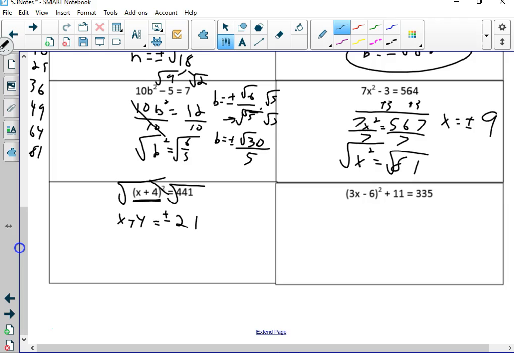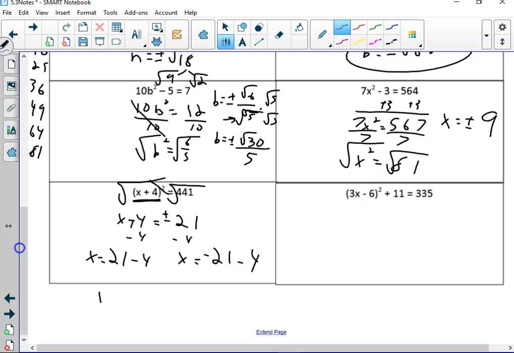Okay? So, when we subtract 4 from both sides, which we have to do, we're going to have x equals 21 minus 4. We're also going to have x equals negative 21 minus 4. We're going to have two answers, plus and minus 21, both subtracting 4.